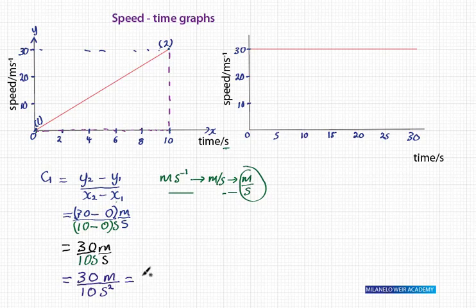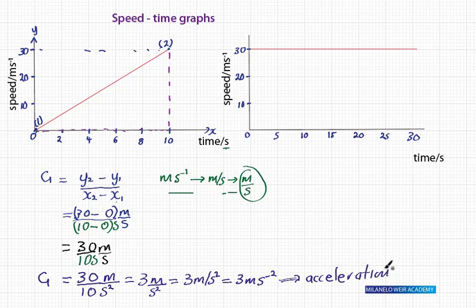This is 3 meters per second squared, usually written as 3 m/s², which is similar to 3 m s^-2. Same thing, right? That is the value of G, and this happens to be what we call acceleration.